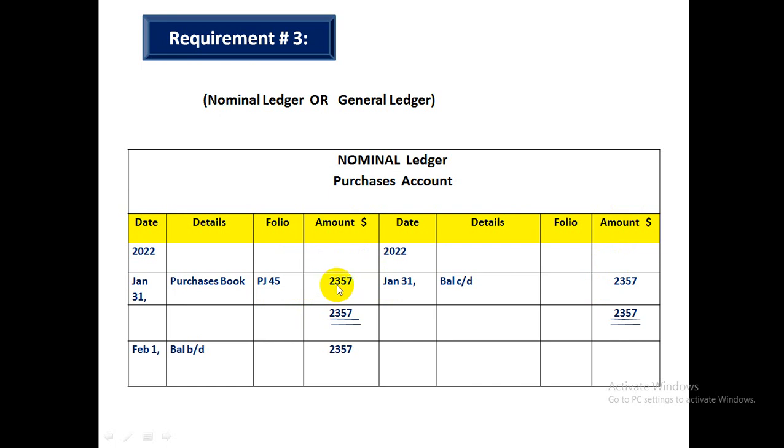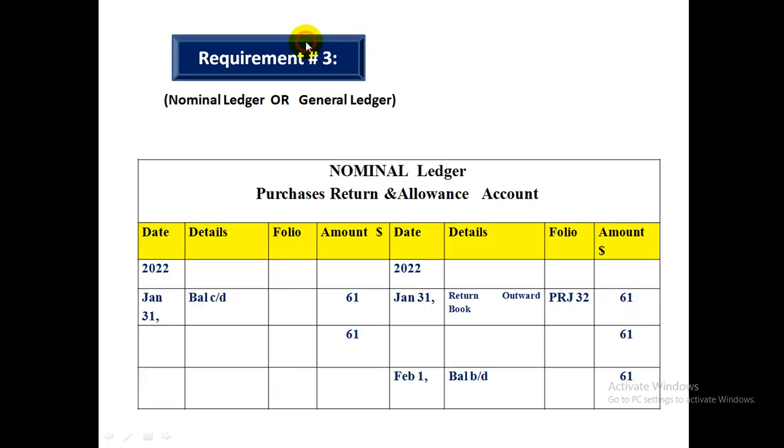The total of the debit side is this. The credit side total is 0. Subtracting credit from debit will give you the same balance. It is your balance carried down. Total both the sides. The same carried down balance will become your brought down balance on the 1st of next month. This is how the purchases nominal ledger account for requirement number 3 will be prepared.